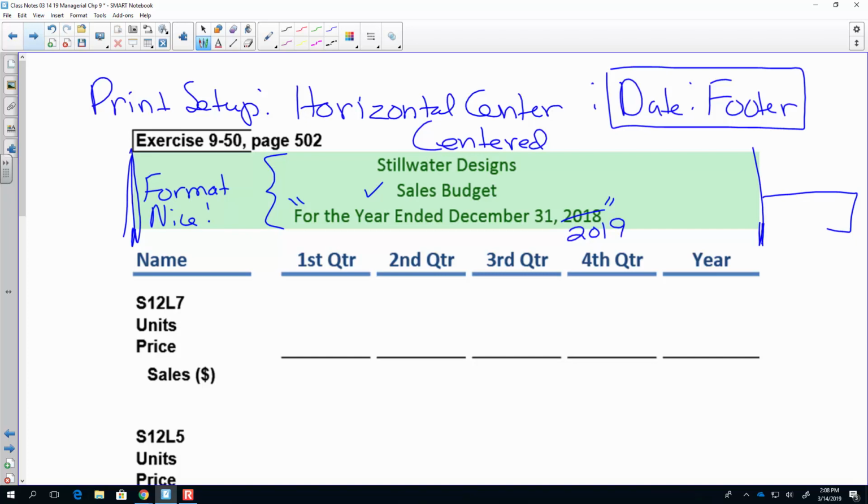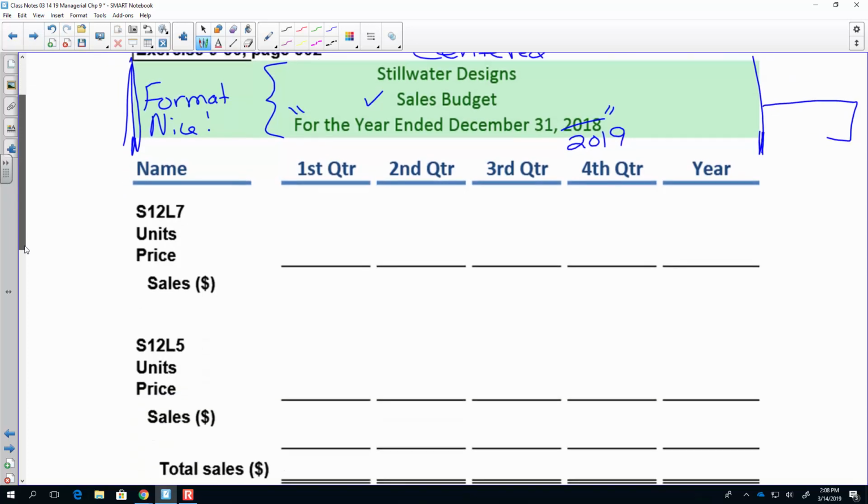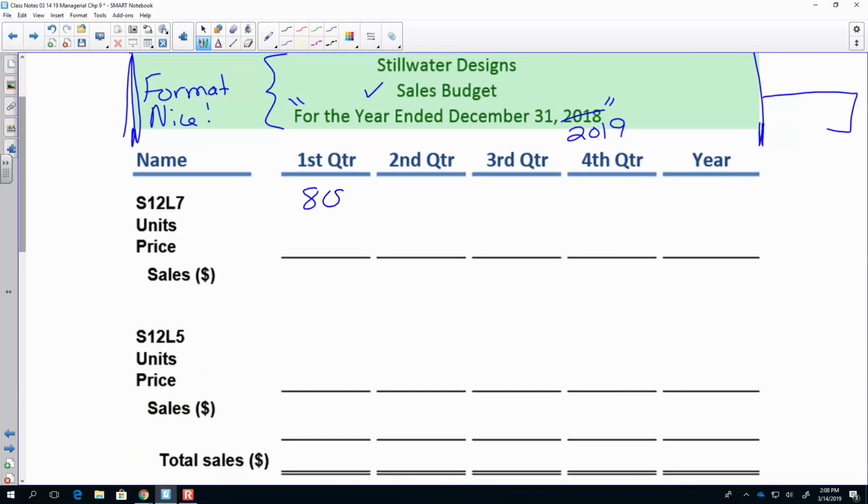Okay. So, going back to 50, really pretty simple. We'll just start with the numbers, the units. 800.